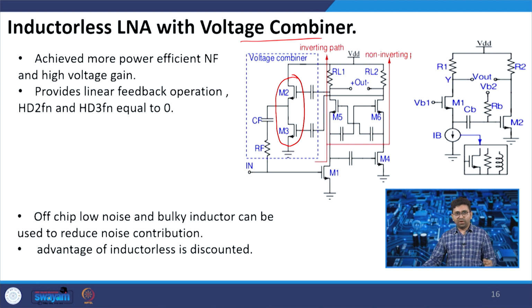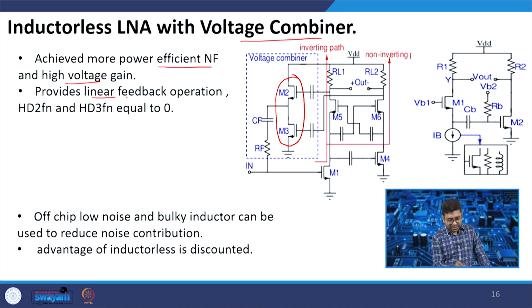Up to now we have not discussed linearity, but we get more linearity if we use a differential configuration. So it achieves a more power efficient design, with good noise figure and high voltage gain.